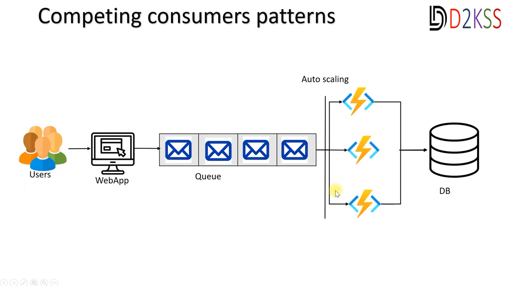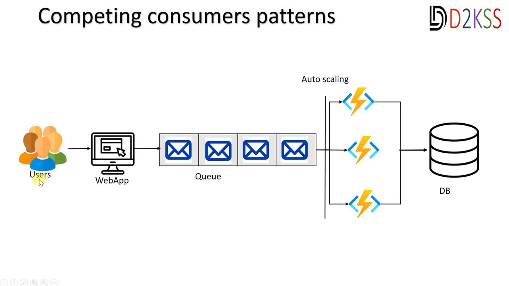One more scenario is the competing consumers pattern. For example, a number of users are trying to write data into the queues, but we need to process these queues as early as possible. Without the queues we cannot achieve that.